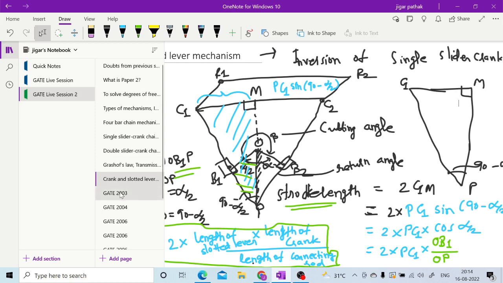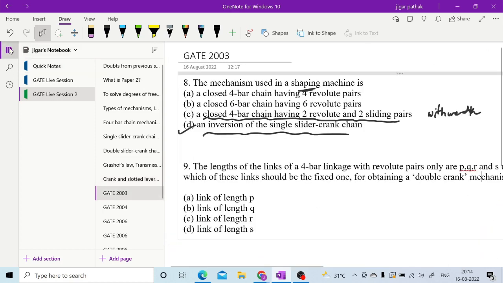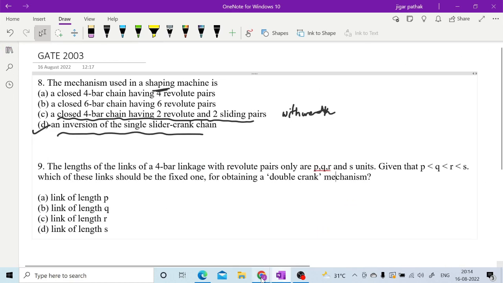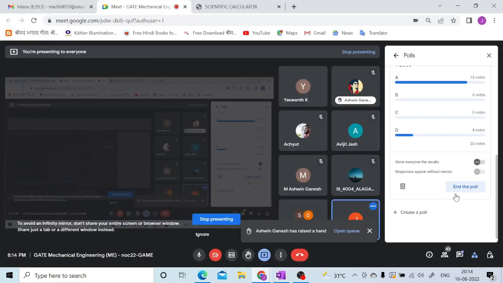For this I have generated a poll. I need to end that poll. Okay, I am ending the poll, and I have shared the result with you.